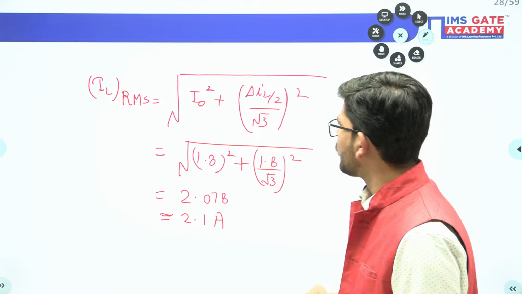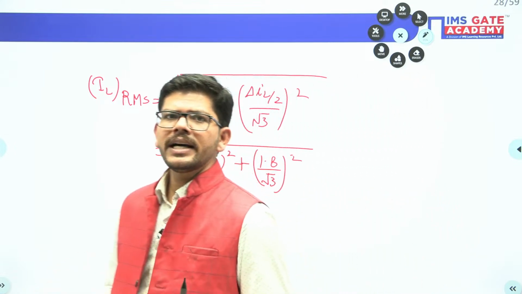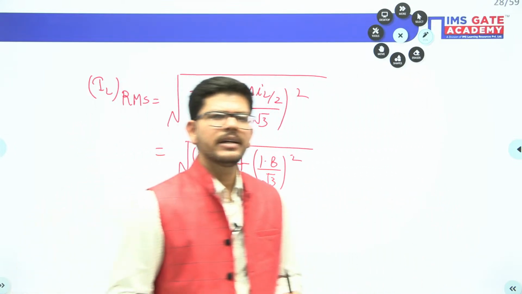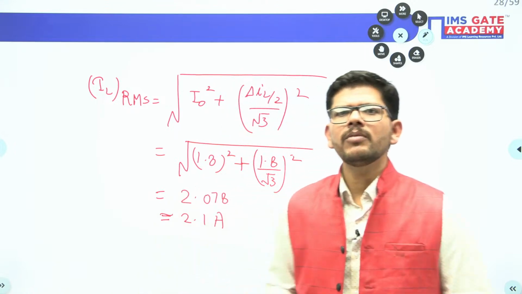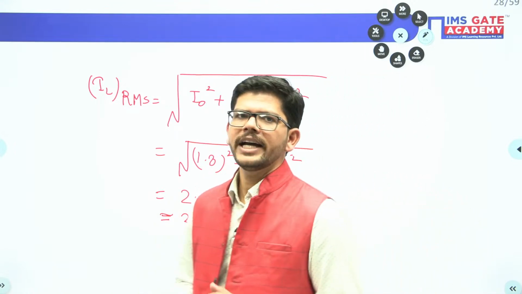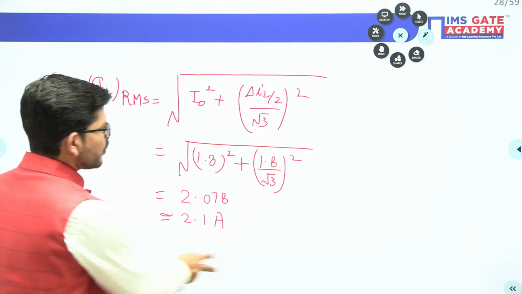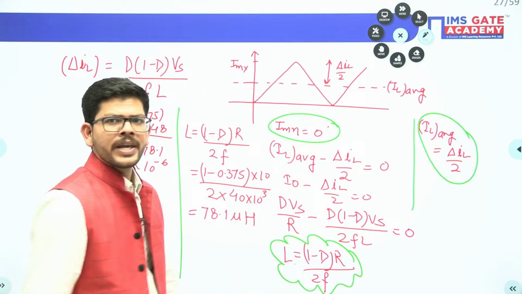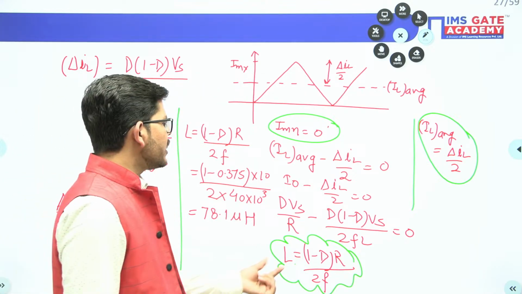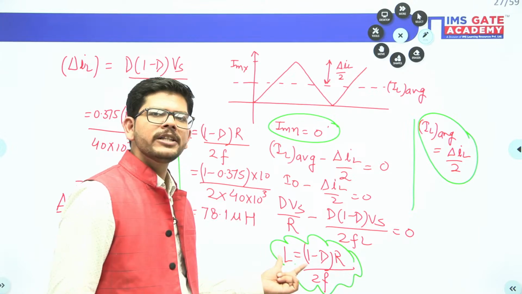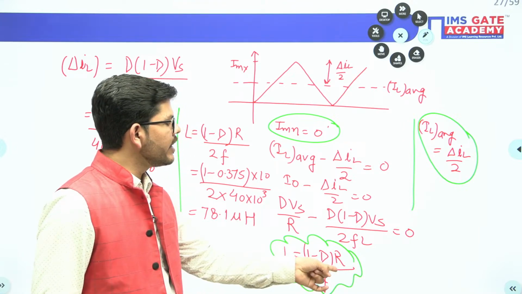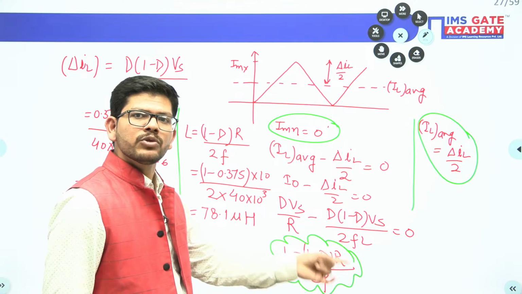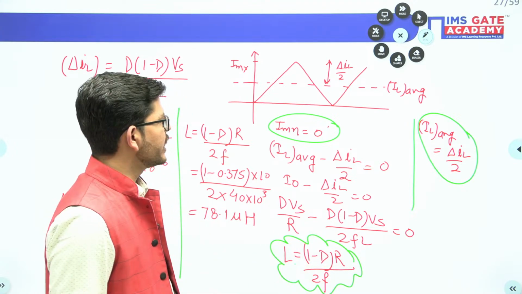In the first problem, all the data has been given to calculate IL, del IL, and in the second problem the L is not given to us. So I have shown you how you can approach calculating the L value. You may get a problem in GATE where only this L value might be asked or this resistance value will be asked. So be prepared for that kind of question as well.